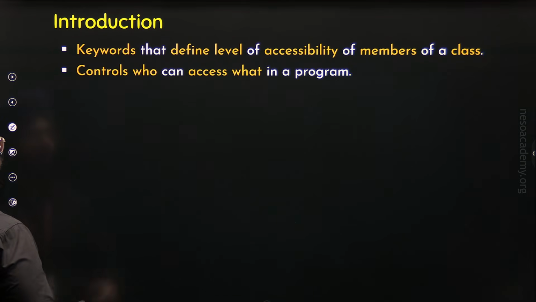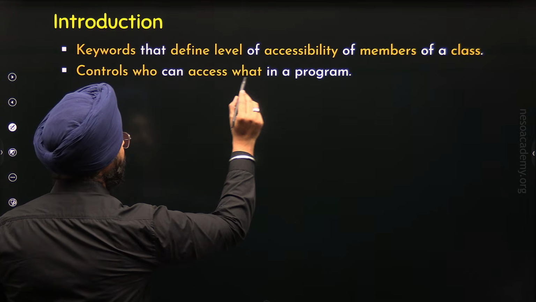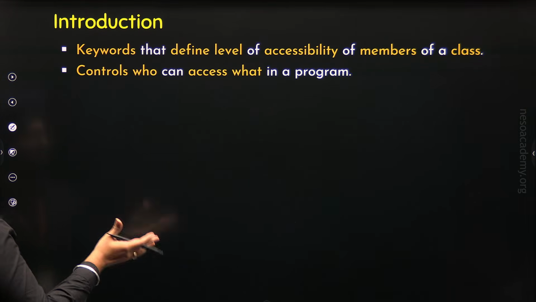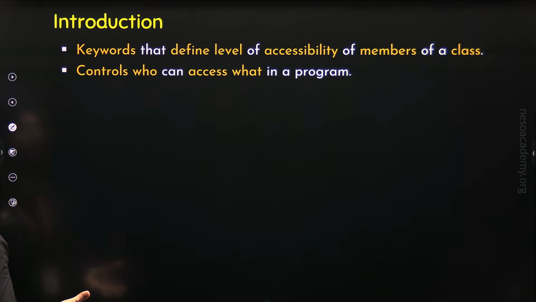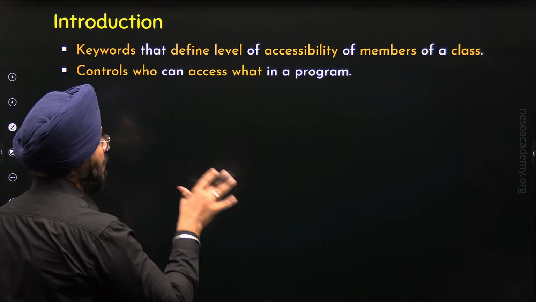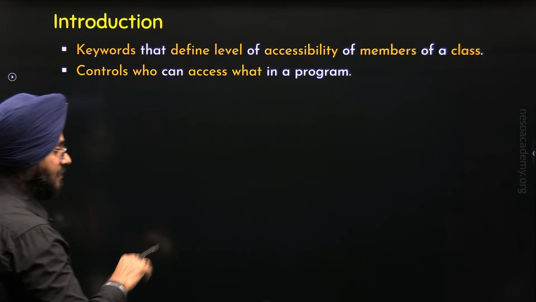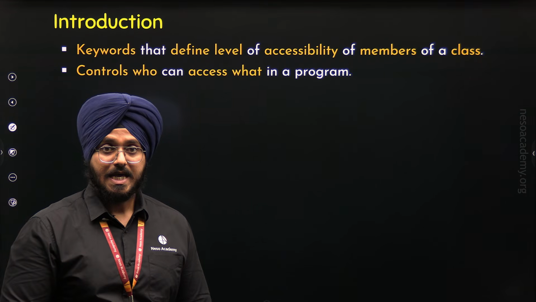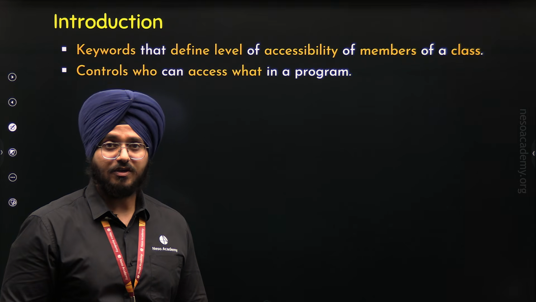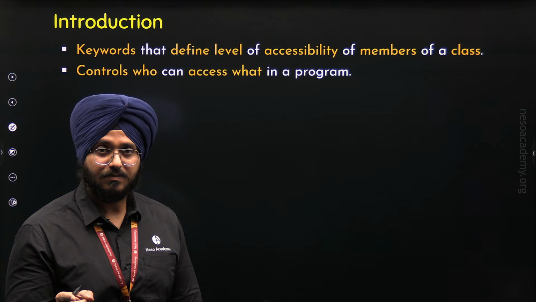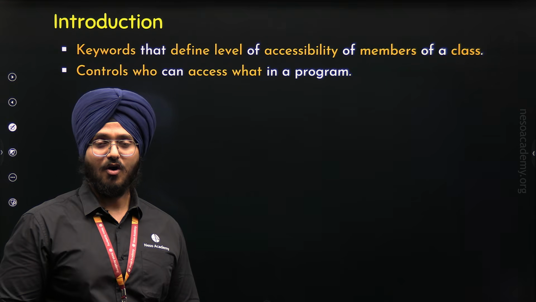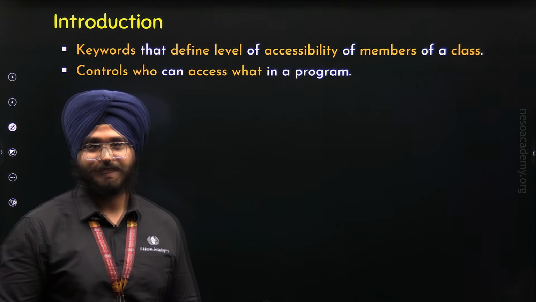They control who can access what in a program. This is the meaning of defining the level of accessibility of members. They control who can access what. This means they tell whether a specific member is accessible outside the class or not.